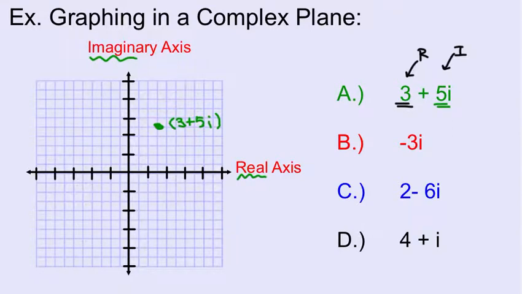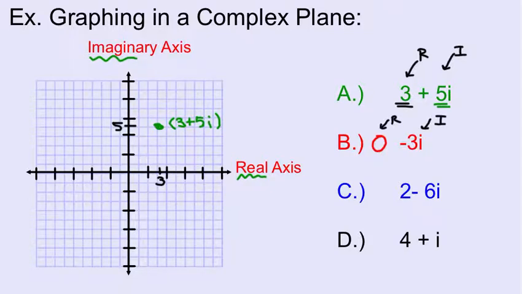So change this to a 3 here and a 5. Second, example B. That is negative 3i. I'm going to change this to a 0 minus 3i, just so you see that this is your real piece and that's your imaginary.